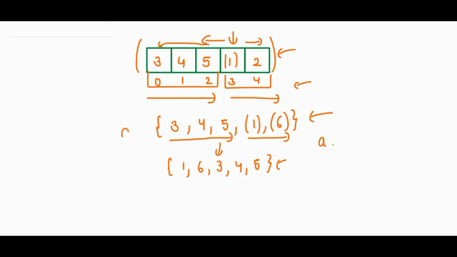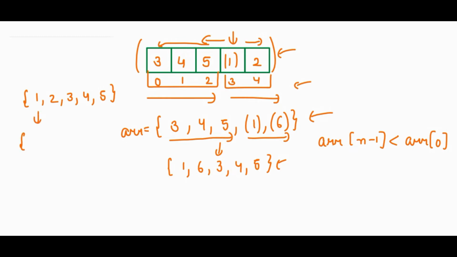Let's say this is arr, so arr of n minus 1 should be less than arr of 0. Why? Because let's say we have this example 1, 2, 3, 4, 5. Okay, let's rotate it one time. It will be 5, 1, 2, 3, 4.